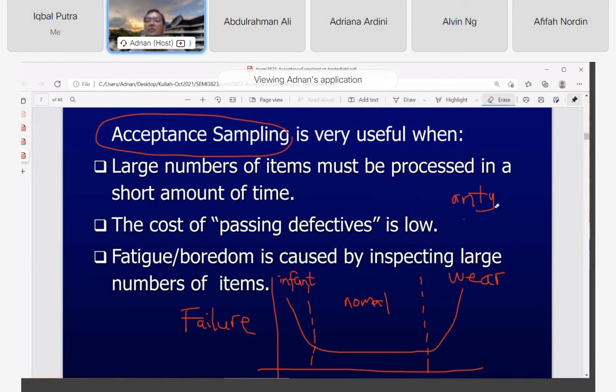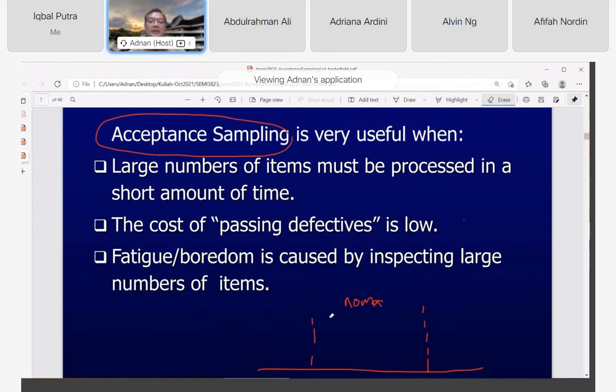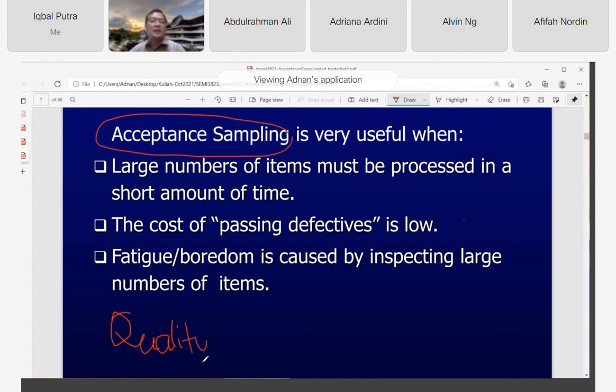I deviated a bit here to relate this to reliability, but anyway, it is always related. We have quality, we have reliability, we have maintenance. All these three areas are related.